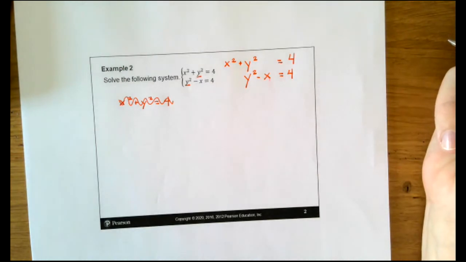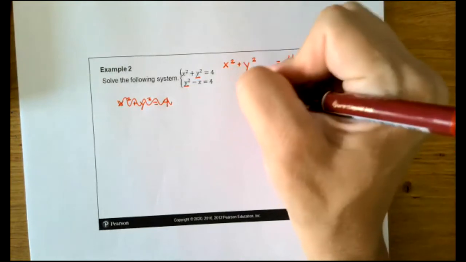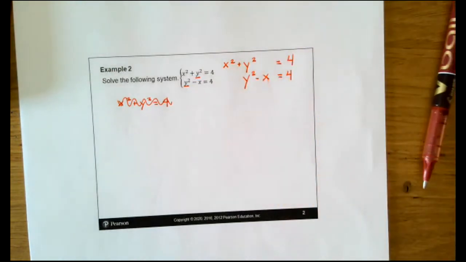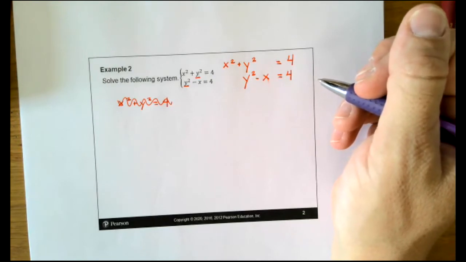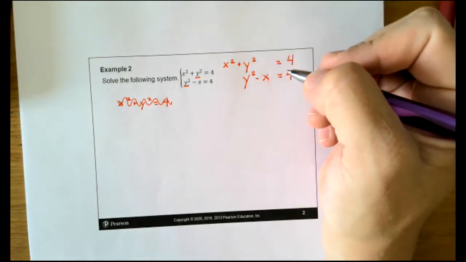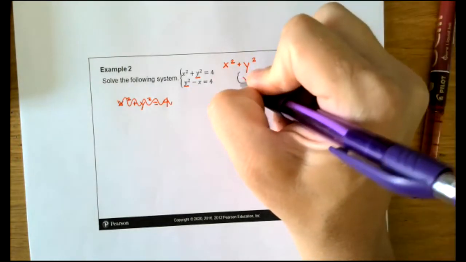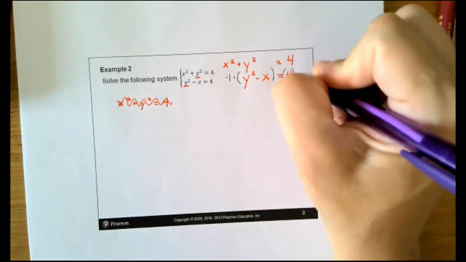So our like terms are y squared. I need to multiply one of these by a -1 in order to cancel them. So I'm just going to multiply the bottom one by -1 and rewrite this.